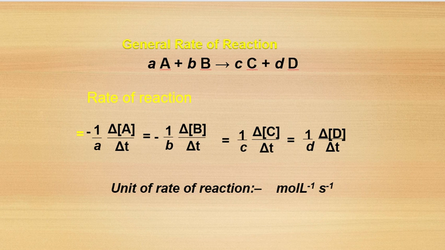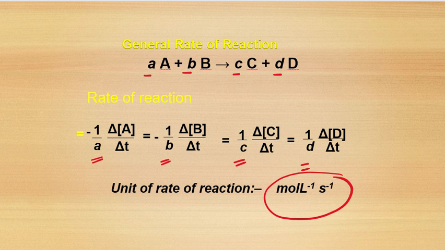If the stoichiometric coefficients are a, b, c, d, then we have to write minus 1 by a, minus 1 by b, plus 1 by c, plus 1 by d. The unit of the rate of a reaction can be determined by taking the unit of concentration divided by that of time. So, moles per liter divided by seconds.